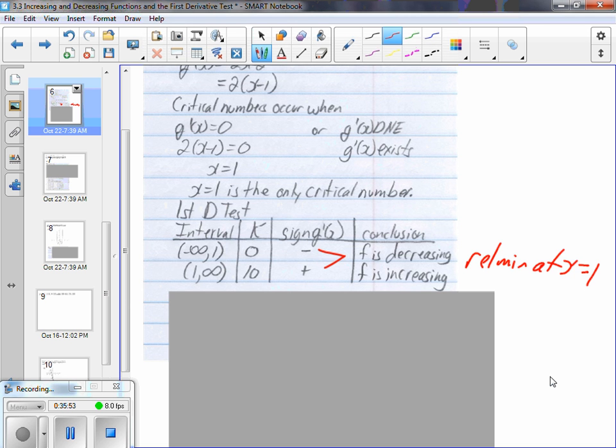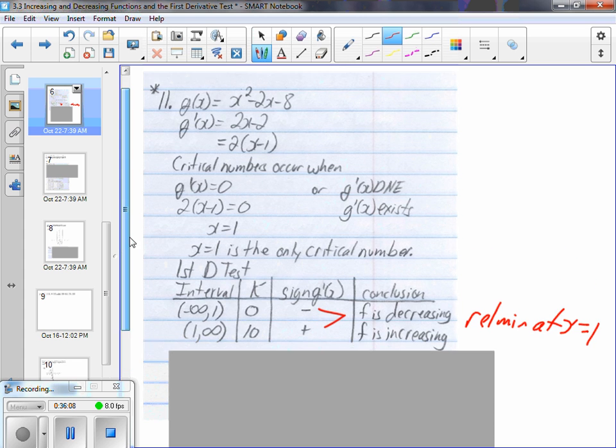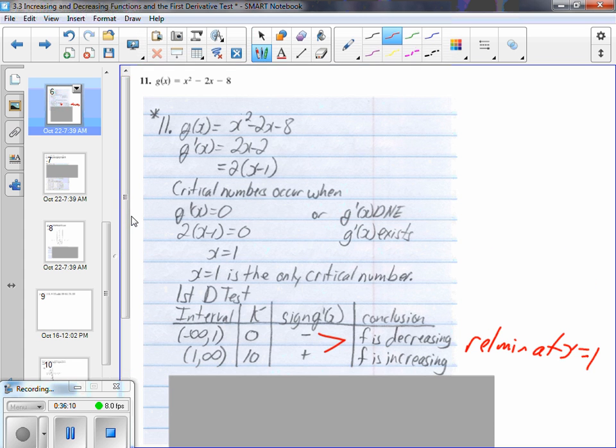Okay? All right, so what do we write down? So I've figured out that I'm going to have a relative minimum there. Remember now, the minimum and the maximum, for that matter, are actually the y coordinates on the graph. So when x equals 1, go to the original function, put a 1 in there, and tell me what you get. -9.